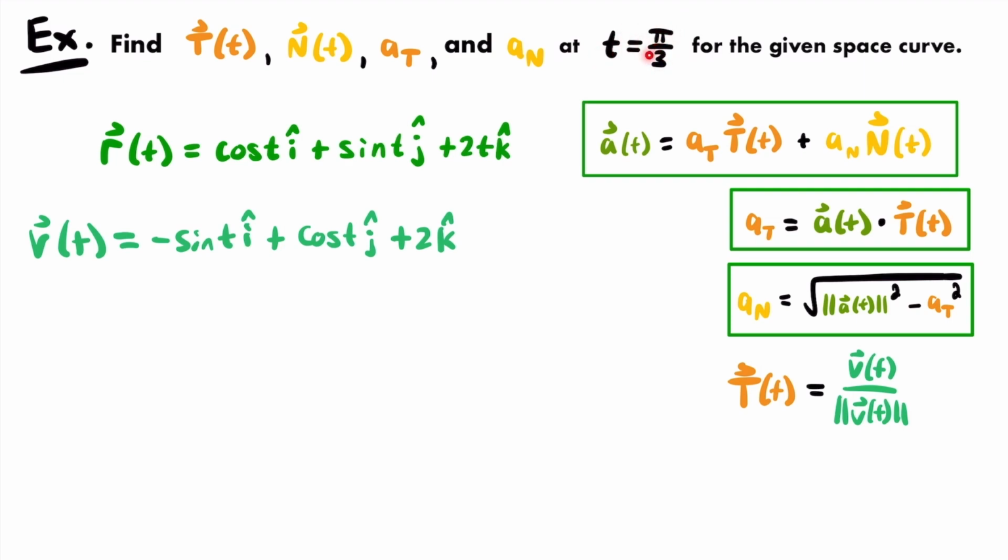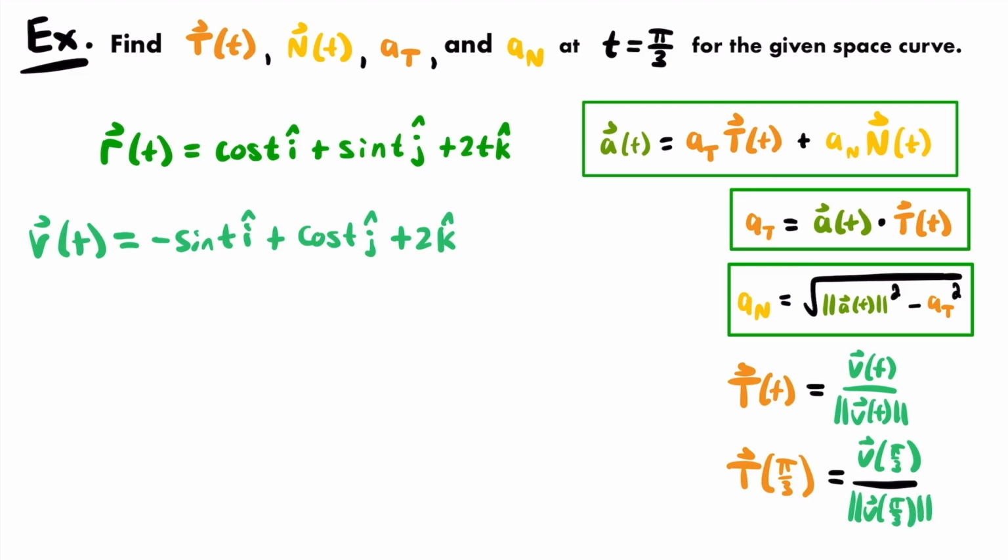So what I'm going to do before calculating the magnitude of the velocity vector is just plug in that value of t and then take the magnitude, because really what we want to find here is not T of t, but rather T of pi divided by 3, the unit tangent vector at pi divided by 3, since that's the value of t that we were given to work with here. So really what we want to do is take v of pi divided by 3 and divide it by its magnitude. So the magnitude of v of pi divided by 3.